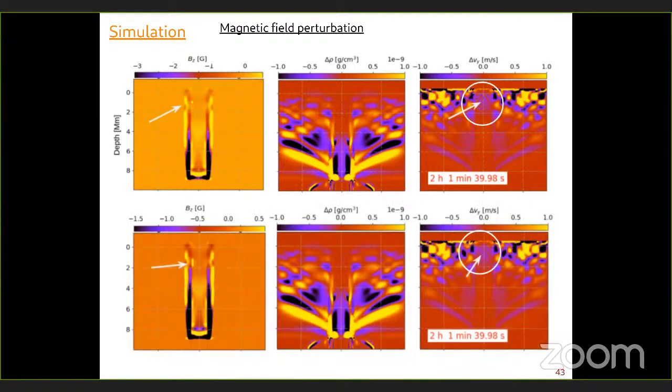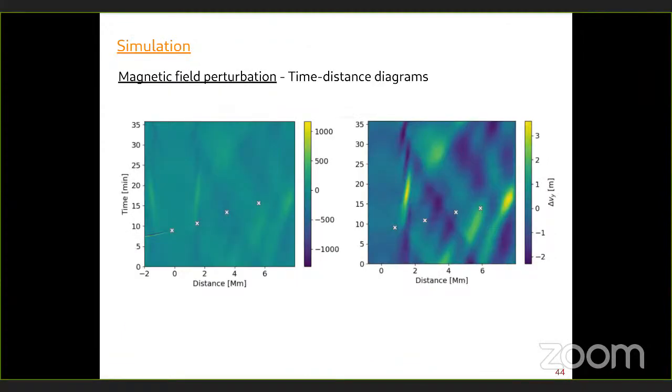Another perturbation gives us these wavefronts, which are better seen if we provide these time distance diagrams again. We also see something like events traveling as these waves that eventually are accelerating in the solar surface.